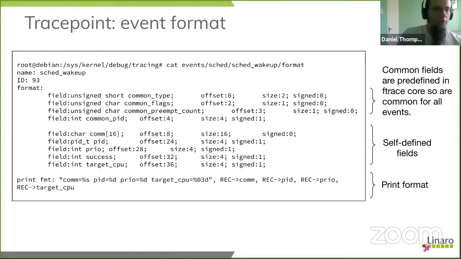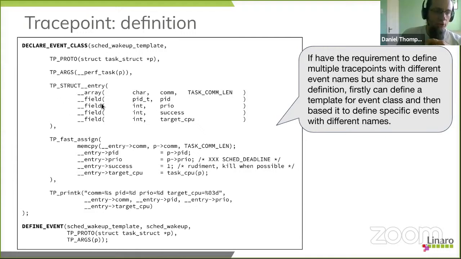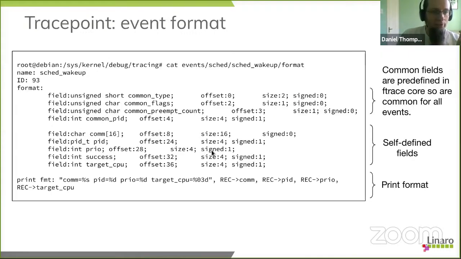However, that trace format, this TP_STRUCT__entry here, comes out again as part of the format file inside a trace point. So we get to see the ID, repeated again in case we want to use it. We also get the format, and all the formats contain a certain amount of common information. So things like the event flags, type, preempt count, the PID, those are all present in all trace points.